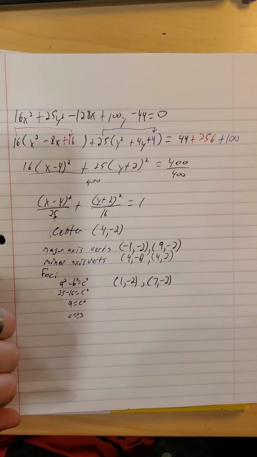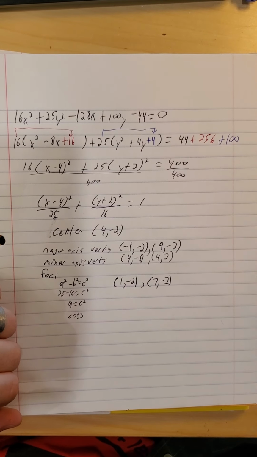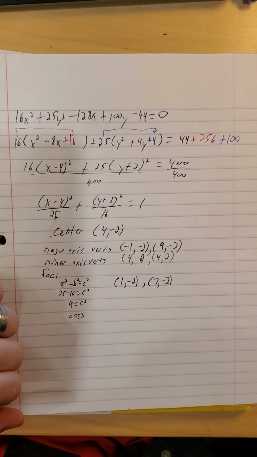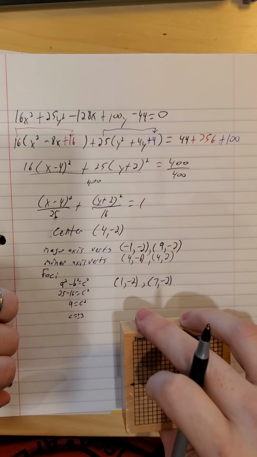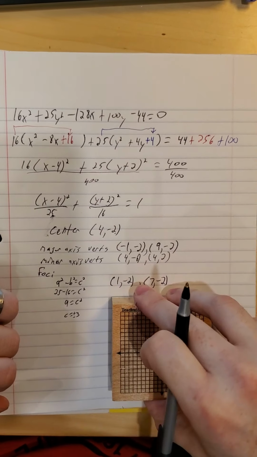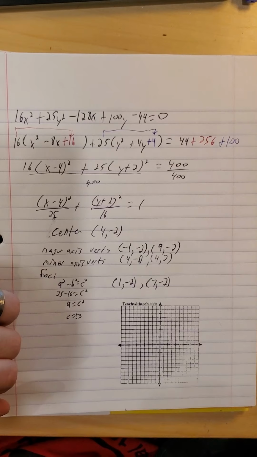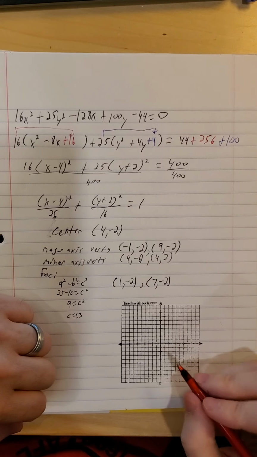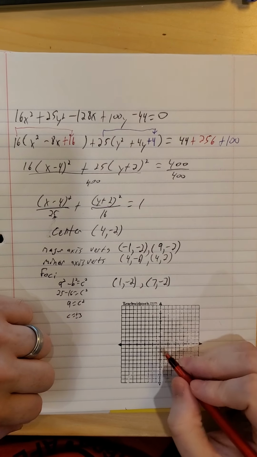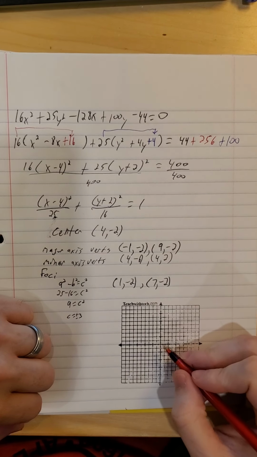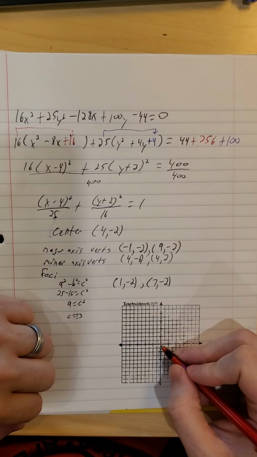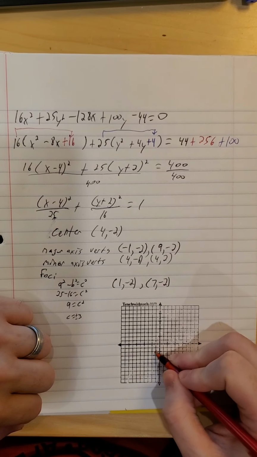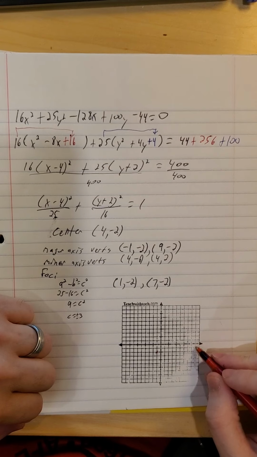All right. So we'll do just a quick sketch of this. The red will be more visible. Okay, so major axis vertices, negative 1, negative 2, together with 9, negative 2.